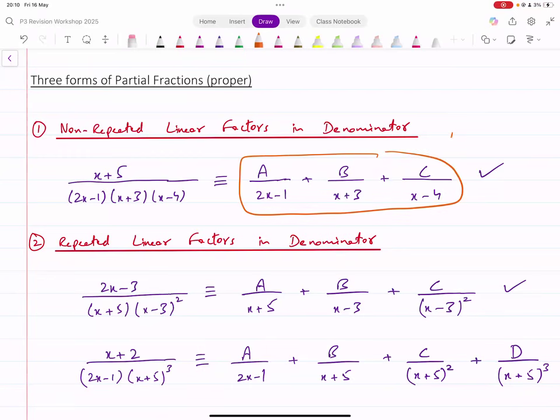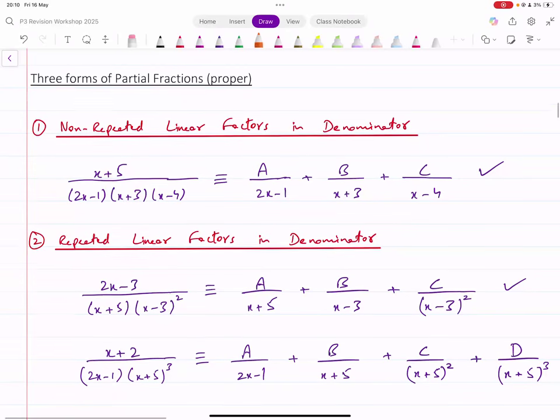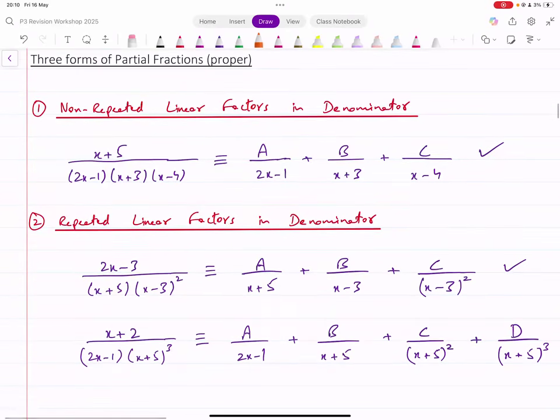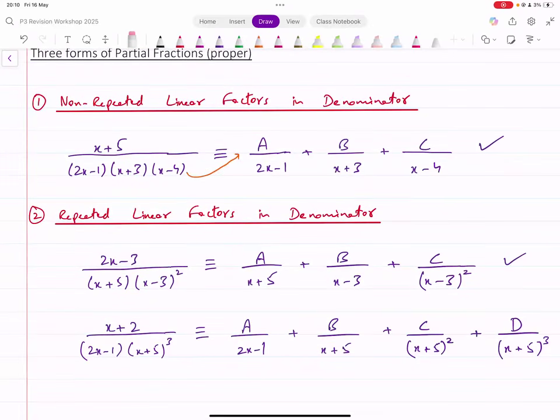In the numerator, you have constants. In the denominator, you've got those separate factors one by one. The first will have 2x minus 1, the second has x plus 3, and the third has x minus 4. We get these three fractions, and now we just follow that process that we talked about: multiply this denominator on the right side, and then simplify everything, put some values of x to solve that further.